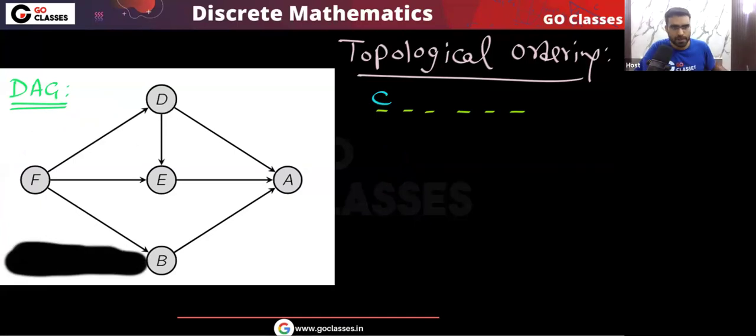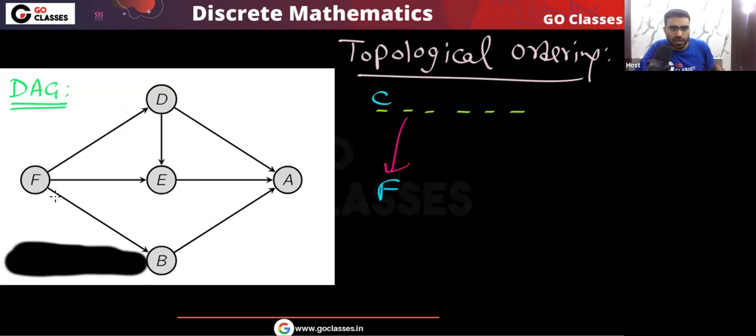Now you tell me what can be the next element. Let me know, what can it be? The next element cannot be B, because before B, F should come. Yes or no? So the next element has to be F. The second element cannot be B. Why?